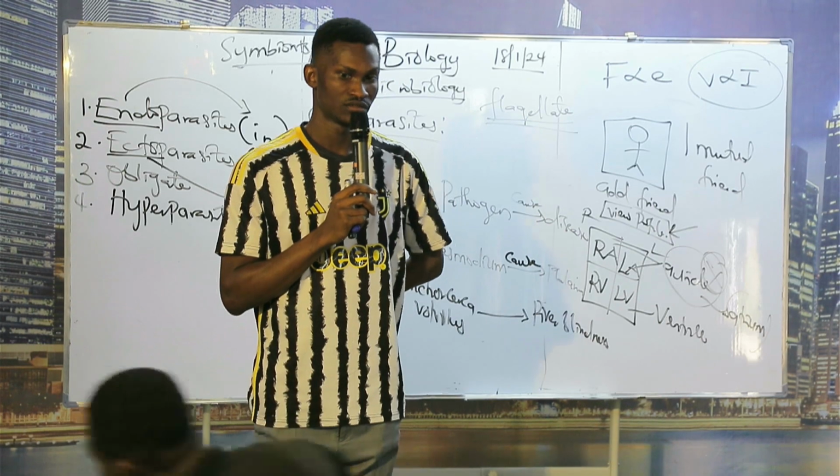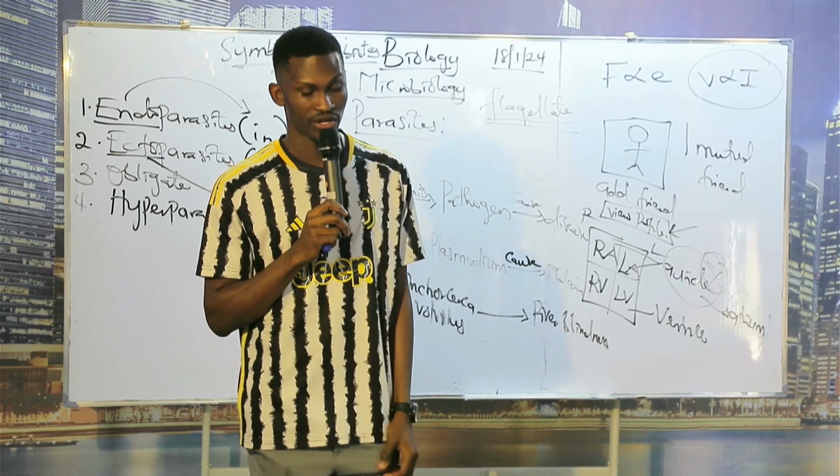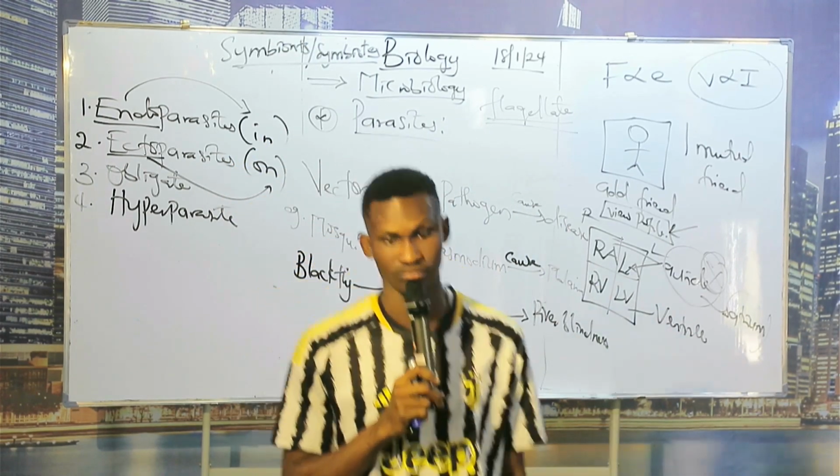So they can ask you the cause of malaria is dash. They will put mosquito in the options and you won't see plasmodium. You will rush and pick mosquito. You will fail it. You need to understand this very well.